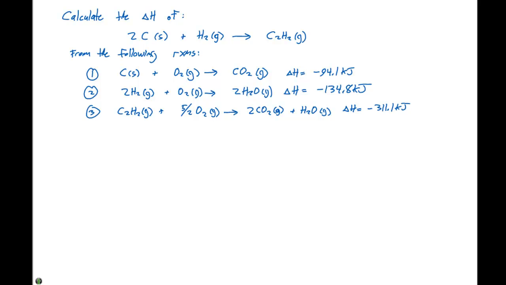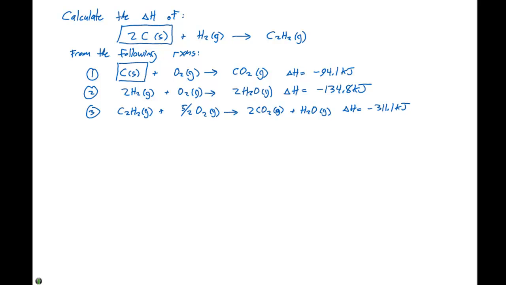So when you're given a step of various reactions, one thing that I will give you as a hint is to place a box around all the products and reactants to indicate where they are. So for example, here we have 2 carbon as a solid. Carbon shows up in the first reaction right here.